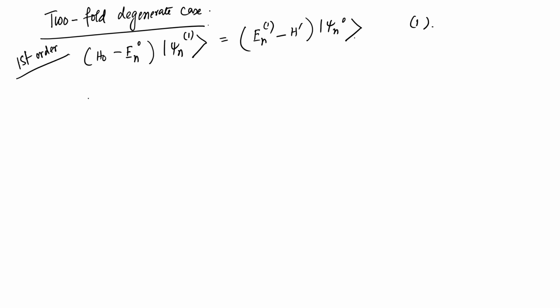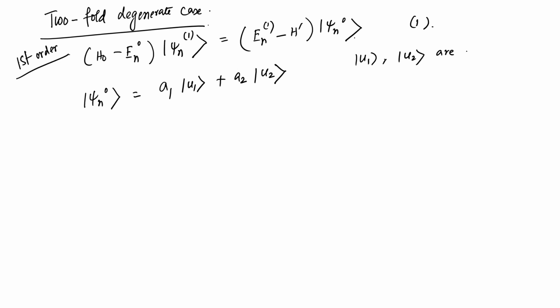So now the ψ_n^0 comprises 2 orthogonal eigenfunctions. Let us call them u_1 and u_2, and let me write them as a_1 u_1 + a_2 u_2, where a_1 and a_2 are in general complex coefficients. So these u_1 and u_2 are the degenerate states.